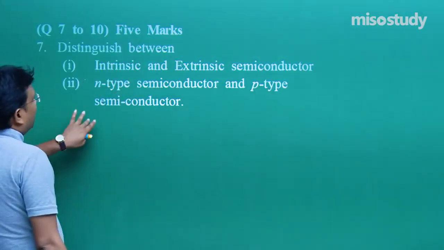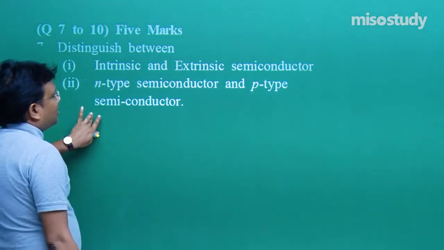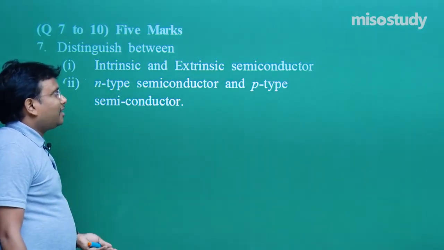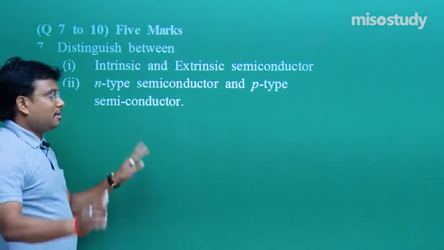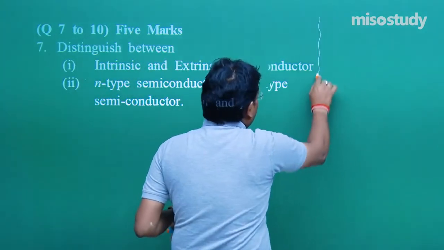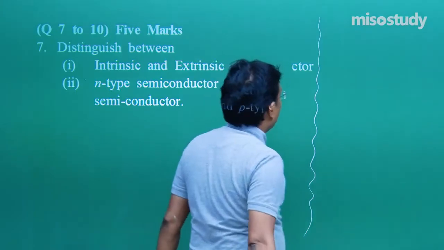that is intrinsic and extrinsic semiconductor. Now, suppose you are supposed to write down what is intrinsic and what is extrinsic semiconductor. I think for the time being, let us try to move away from the question.